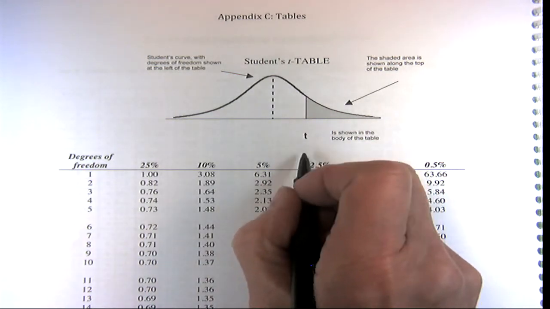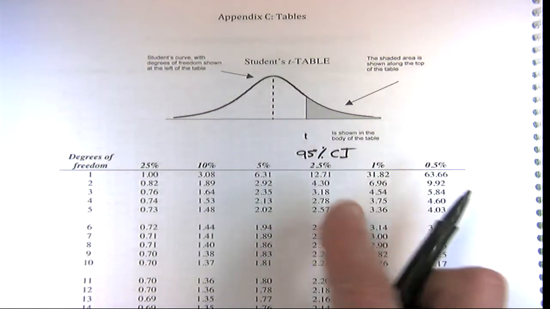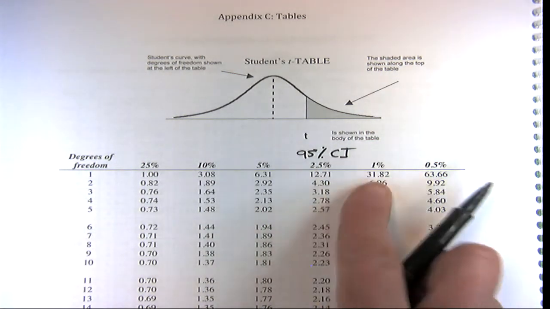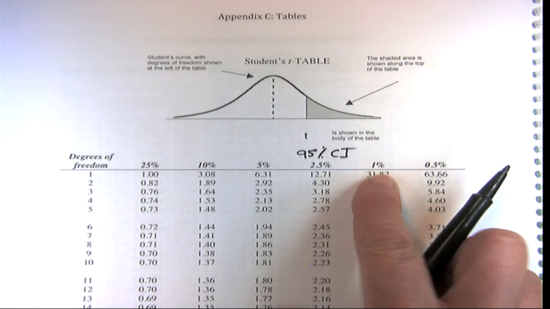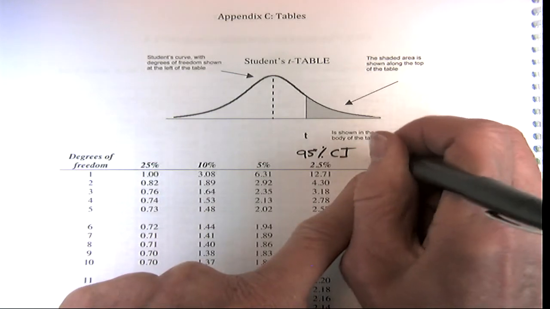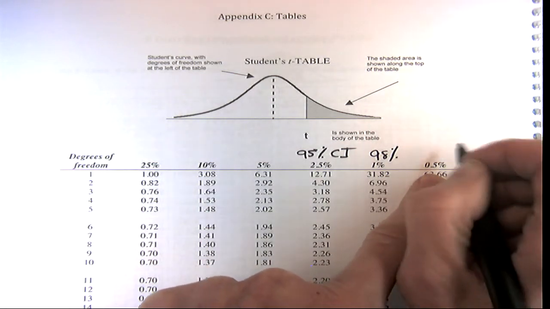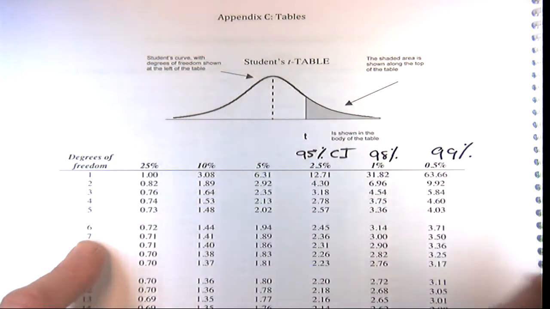This would be a 95% confidence interval, right? And what's this? This is 1% in the right-hand tail. That would mean 1% in the left-hand tail, and this would be a 98% confidence interval. What would this be? A half in each tail, which would leave 99% in the middle, etc.